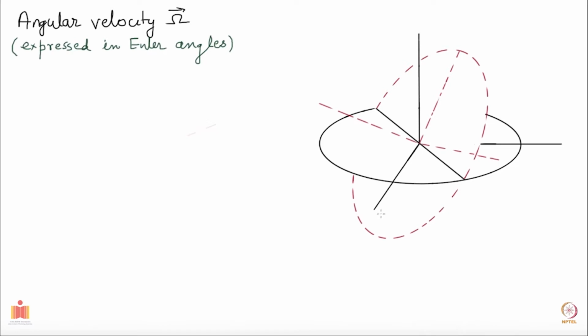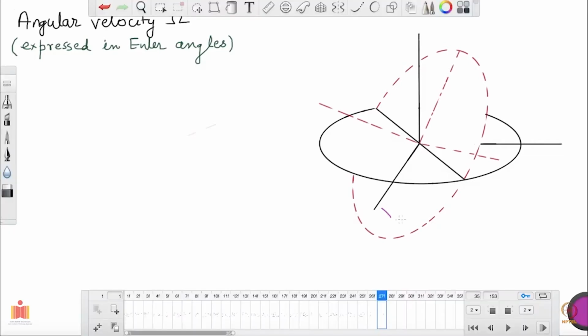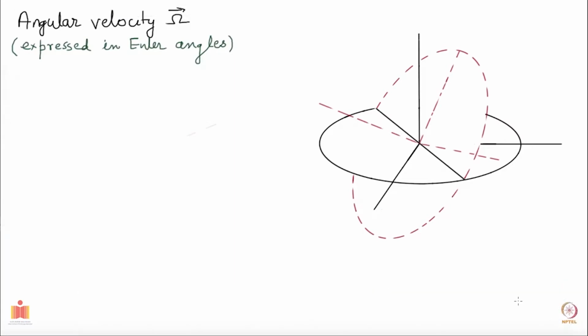Let me write it down. These are your capital X, capital Y and capital Z. These are our space coordinates.